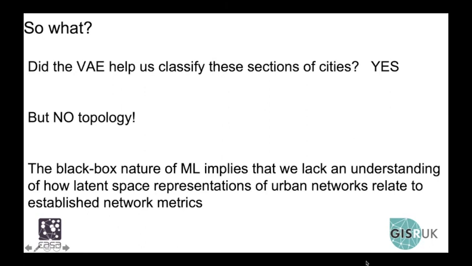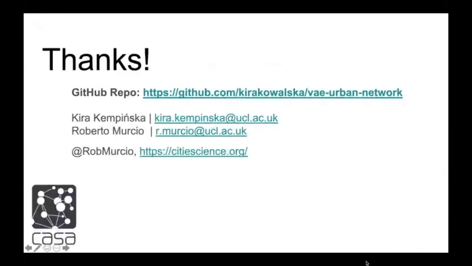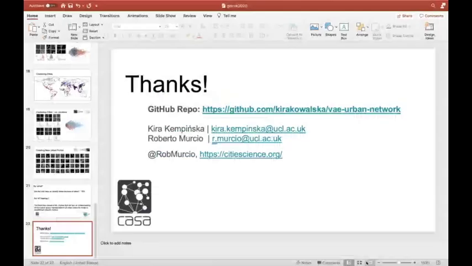And of course, the nature of machine learning implies that we don't actually understand this latent representation, what they are doing there. All the code that we use in this research can be accessed at the GitHub from Kira, and I think that's it.